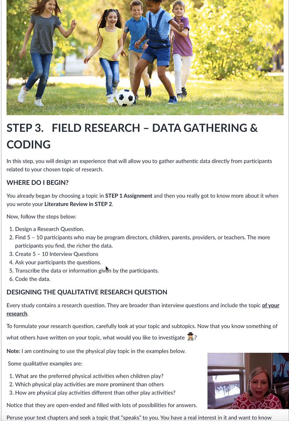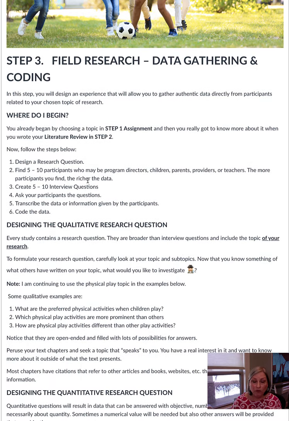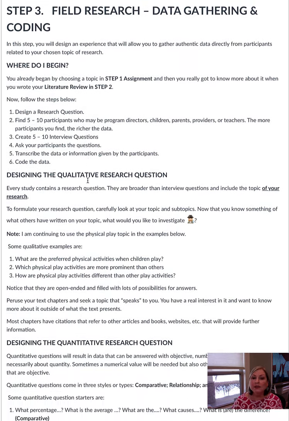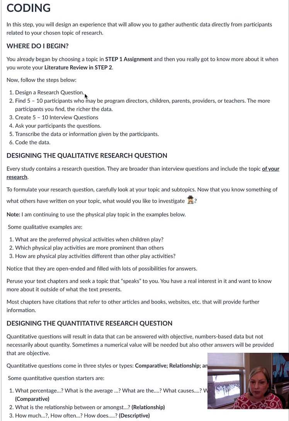So where do I begin? Well, you begin in step one and then step two, and now we're following these steps. You are designing a research question. What does that mean? Well, that means that you need an umbrella. A big umbrella, and the research question is the umbrella, and the interview questions are the stripes in the umbrella, and every interview question points up to the top of the umbrella, which is the big research question.